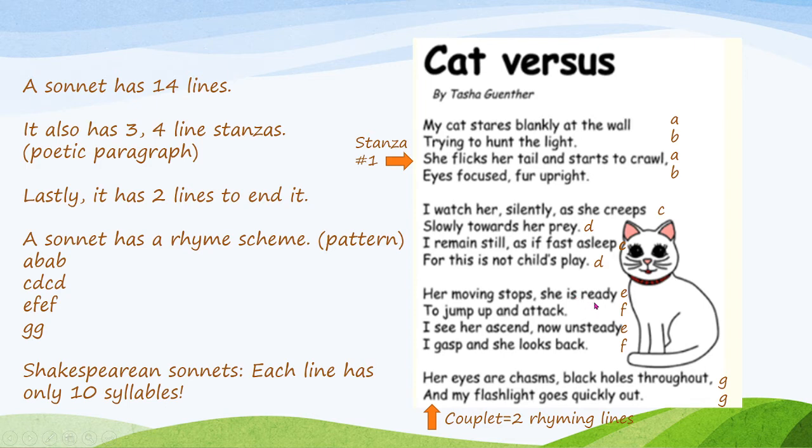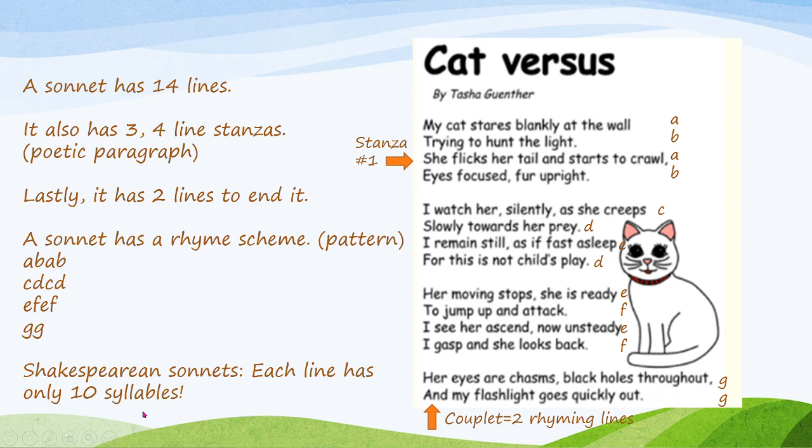So we have E, F, ready, unsteady, attack, back. So E, F, E, F. Now, when we get to our couplet, the last 2 rhyming lines, they have the rhyme scheme G, G. These 2 should rhyme together. Throughout, out.